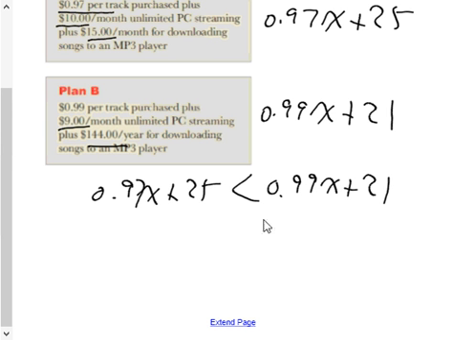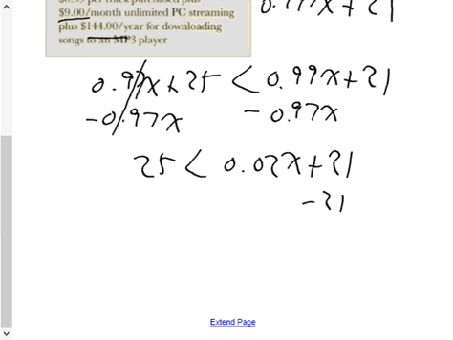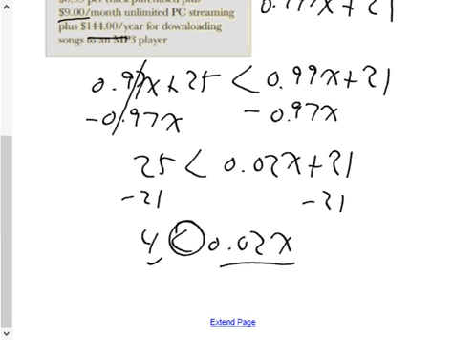So 0.97x plus 25 has to be less than plan B. Subtract this from both sides to get rid of the variable on one side, having 25 is less than 0.02x plus 21. I'm going to subtract 21 from both sides. And 4 must be less than 0.02x. Or if you want to read it backwards, this must be greater than this.